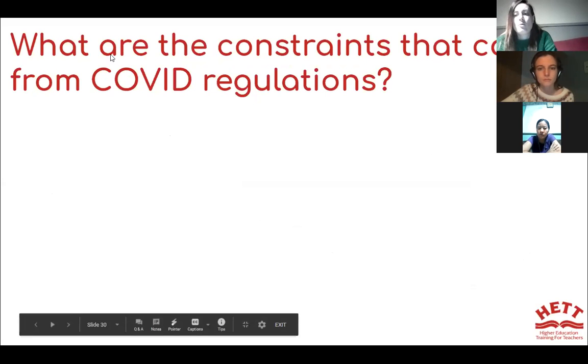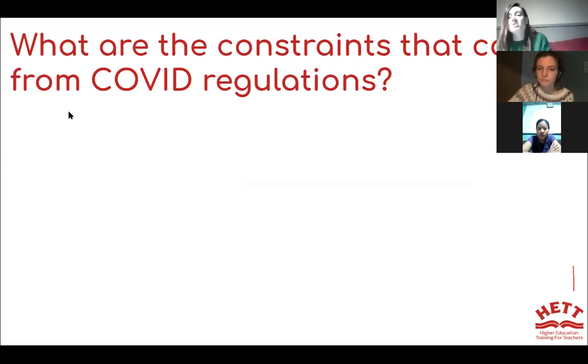Okay. What are the constraints that come from COVID-19 regulations? What are some of the constraints?